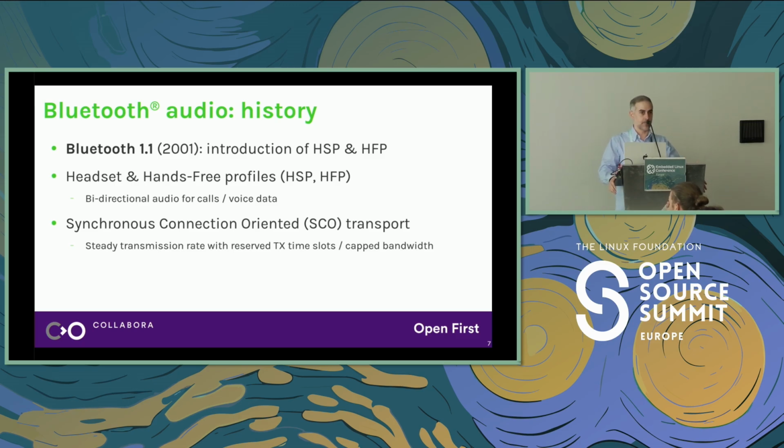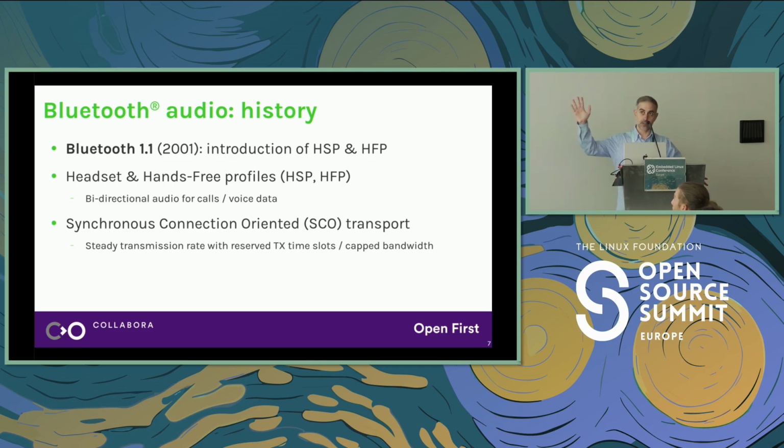But very soon after, in 2001, we had the first introduction of Bluetooth audio with the HSP and HFP profiles. HSP stands for headset profile, and HFP stands for hands-free profile. They are very similar things, because a headset and a hands-free are very similar devices, and they look alike very much. I'll explain the differences in the next slide.